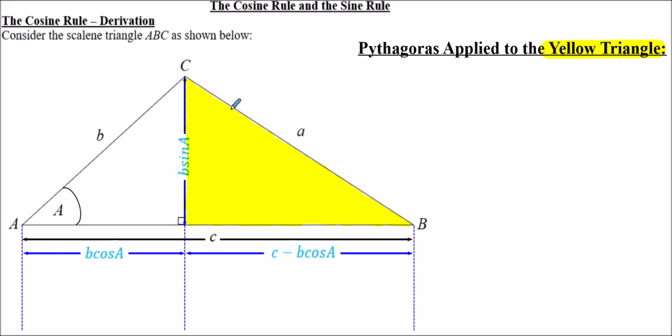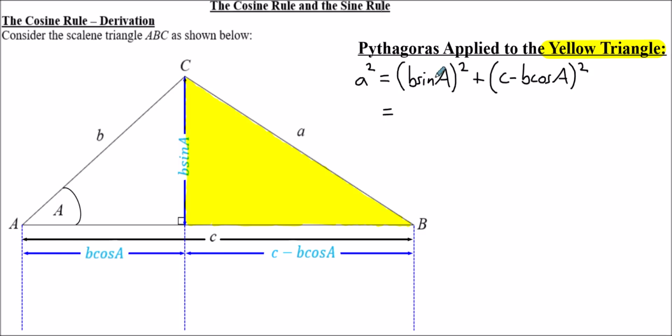So the hypotenuse is A. So A squared is going to be this side all squared, so B sine A all squared, plus this side all squared. And the base for this yellow triangle is C minus B cos A. So that's C minus B cos A all squared.